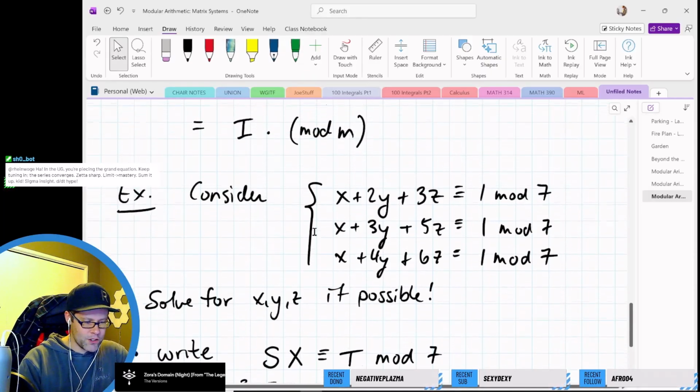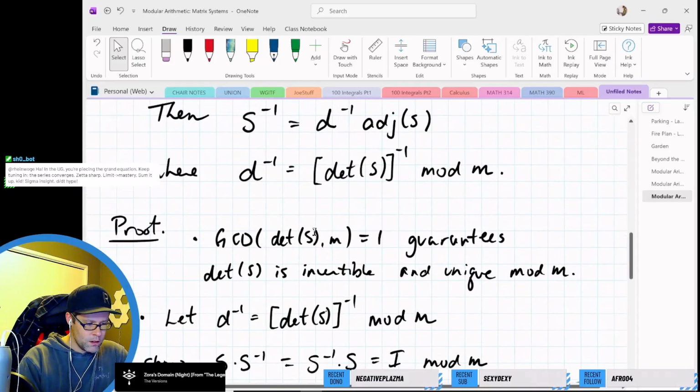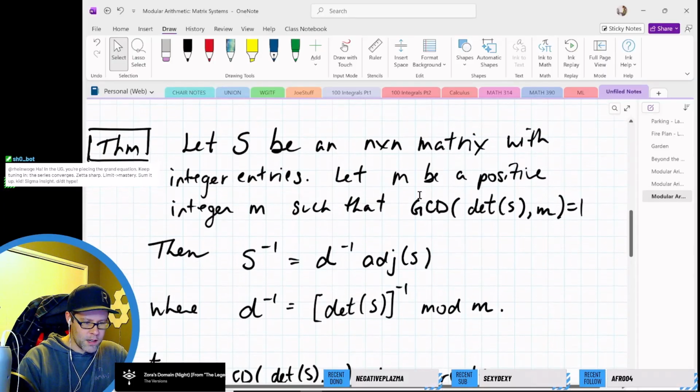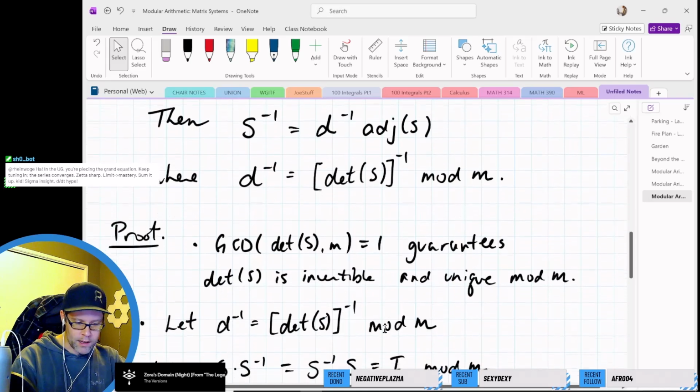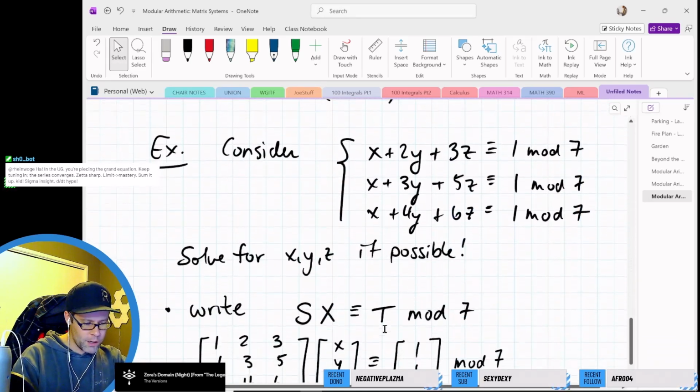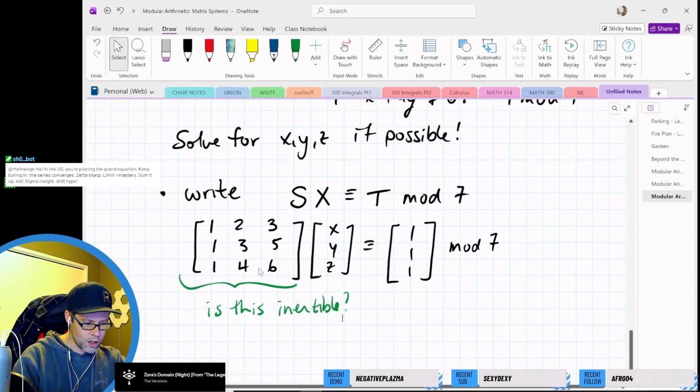Let's go back and see. The theorem says if the determinant of our matrix and M have a GCD of 1, then there's a formula I can use to actually calculate capital S inverse. So the first thing we need to do is calculate the determinant of this capital S, and then check to see if it's coprime with 7.